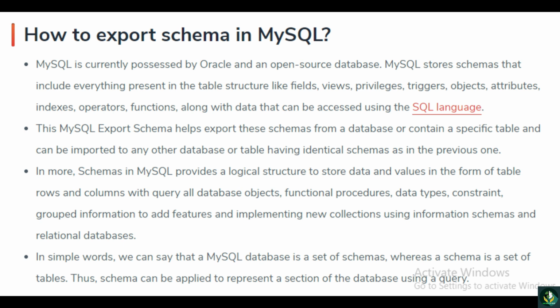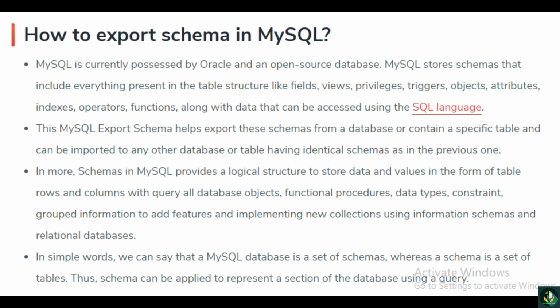And in more detail, schemas in MySQL provide the logical structure to store data and values in the form of table rows and columns, with query of all database objects, functional procedures, data types, constraints, and grouped information to add features and implement new collections using information schemas and relational databases.